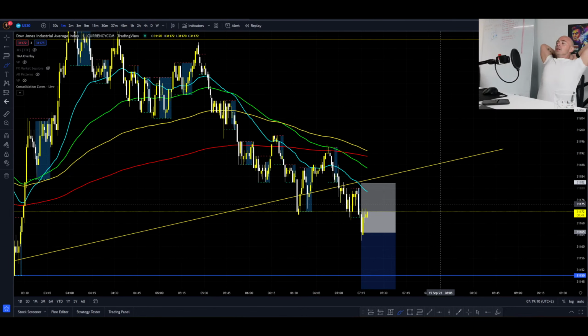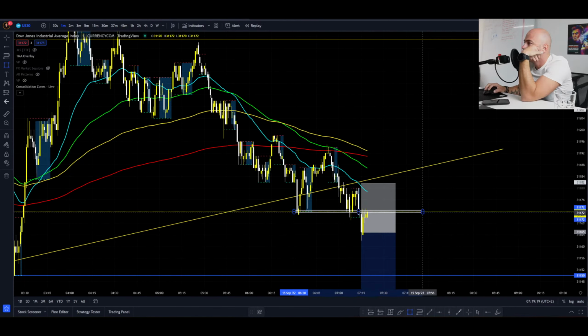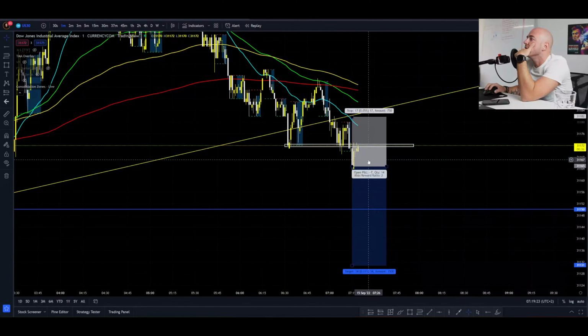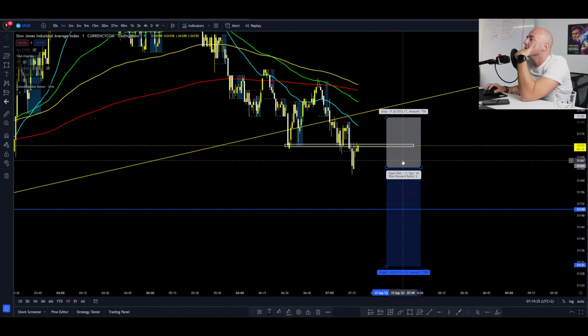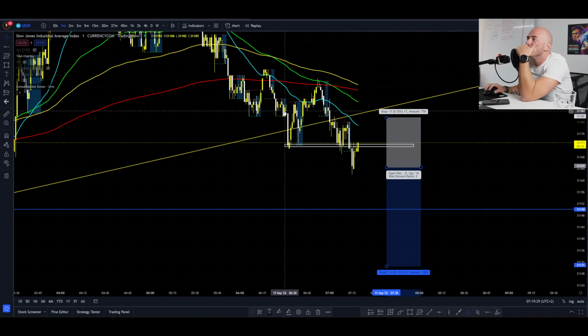So if it rejects this zone and starts going down, it might actually be a decent entry.